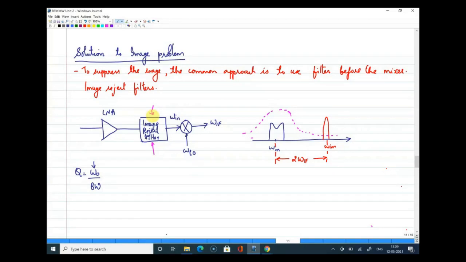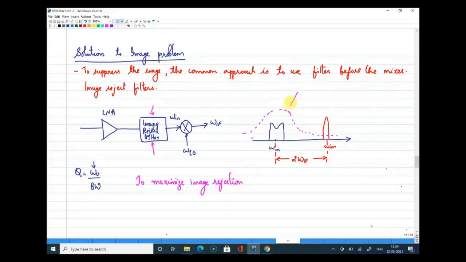Let me write here: how to maximize image rejection. Omega im minus omega in must be large. Yes. How can we say that? See, to maximize image rejection, it is very clear.